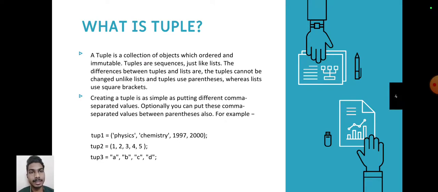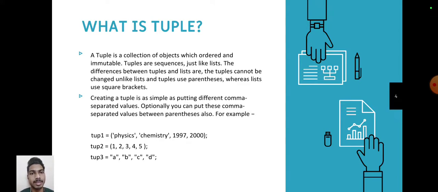Creating a tuple is as simple as putting different comma separated values. Optionally, we can also put these comma separated values between parentheses. For example, tuple1 is equal to, opening the parenthesis, single quote physics, comma, single quote chemistry, comma, 1997, comma, 2000.